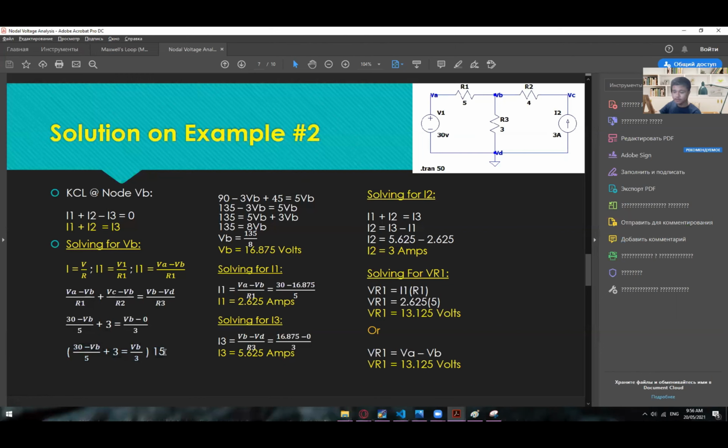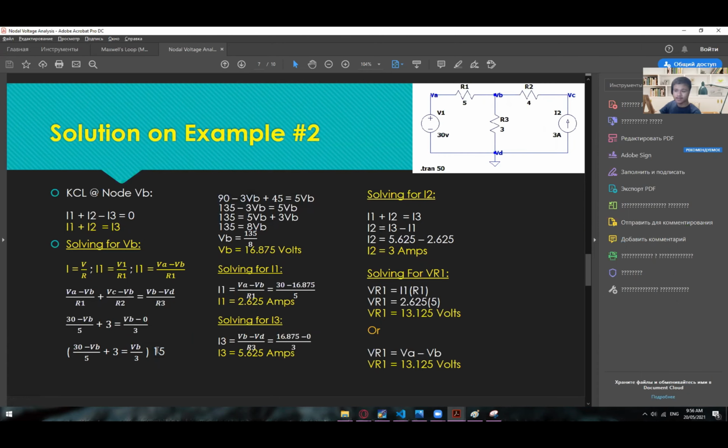In here I just multiplied by 15 because my goal is again to eliminate our denominators. So 15 divided by 5 is 3. So 3 times 30 is 90. And then 3 times negative VB is negative 3 VB.